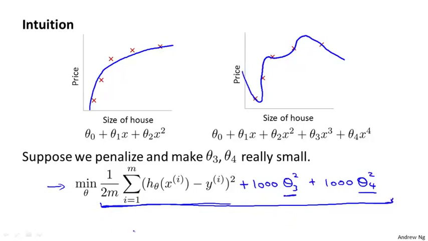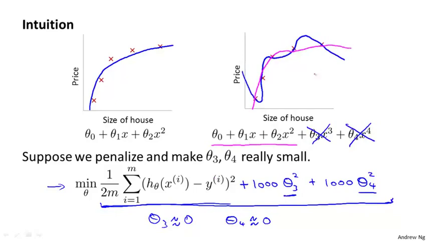So when we minimize this new function, we're going to end up with theta3 close to 0 and theta4 close to 0. And that's as if we're getting rid of these two terms over there. If theta3 and theta4 are close to 0, then we're basically left with a quadratic function, and so we'll end up with a fit to the data that's a quadratic function plus maybe tiny contributions from small terms theta3, theta4 that are very close to 0.